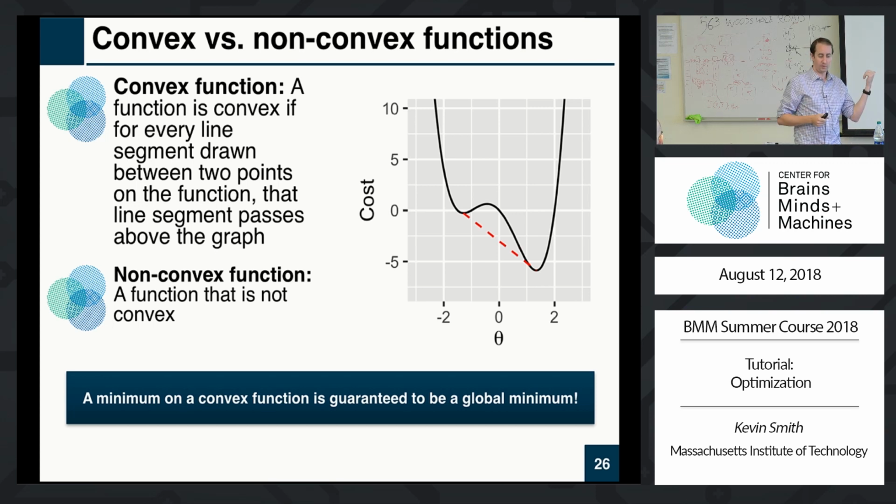Or, you know, if you can even run gradient descent a few times from different starting points, and if you always end up in the same place, maybe it's not completely convex, but it's a good approximation. But if you're ending up in different local minima all the time, then it's basically guaranteed that it's not convex.